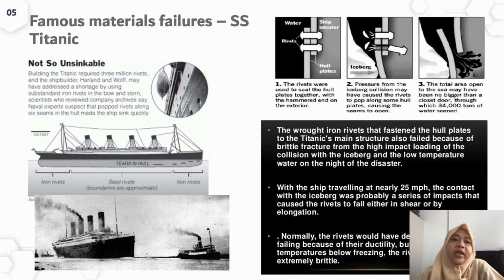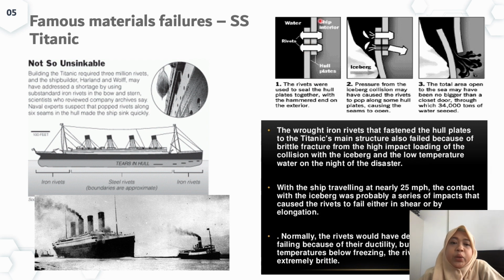Okay, this one is the famous material failure, the Titanic. Part of the failure was actually caused by the iron rivets. This is the body of the ship, which is fastened and tightened by rivets made of iron.